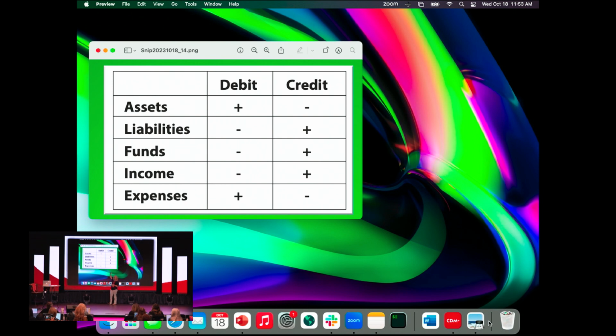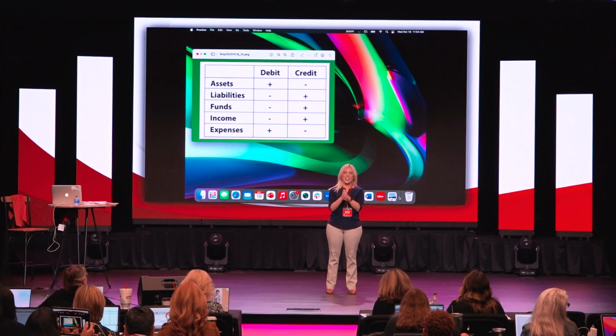Does that make sense? It's like a good reminder: if I'm taking money out of checking and moving it into savings, then I'm going to credit my checking account, and I'm going to debit my savings account, because I'm reducing and I'm raising.